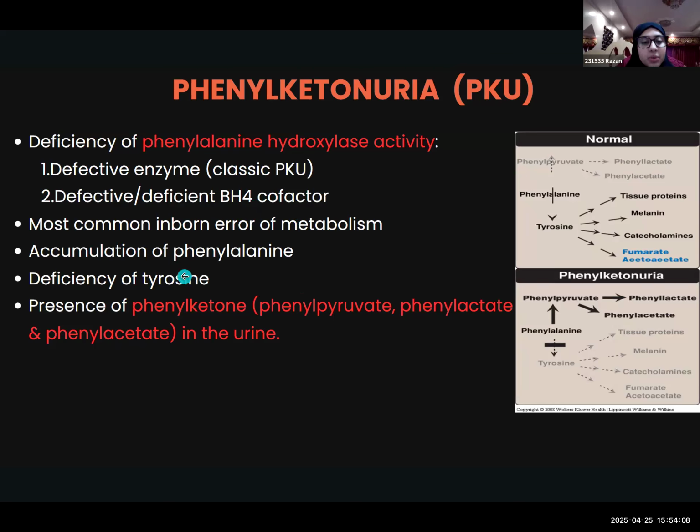And tyrosine is very important for other neurotransmitters and hormones, like serotonin. Phenylalanine would be converted into phenylpyruvate, phenyllactate, and phenylacetate.